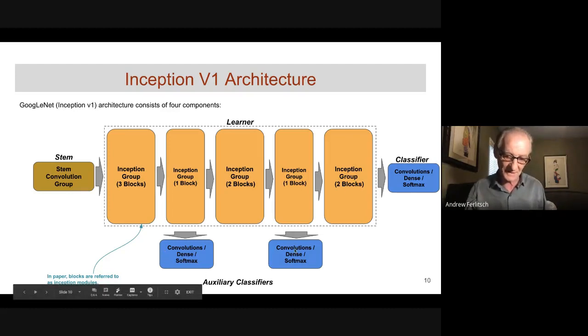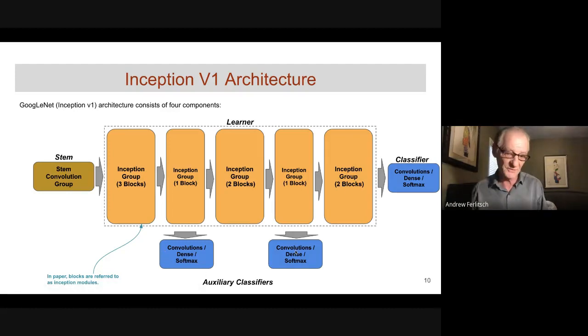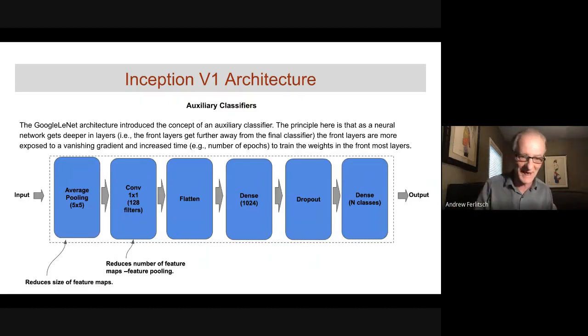Additionally, we have this thing called auxiliary classifiers, which we'll discuss now. The GoogLeNet architecture introduced the concept of an auxiliary classifier. The principle here is that as you went deeper into neural networks, that is, as the front layers got further and further away from the final classification layers, the final classifier contributed less to updating the front layers.